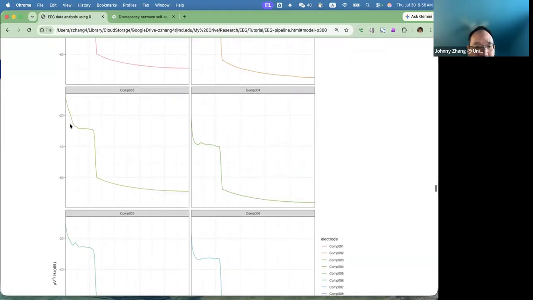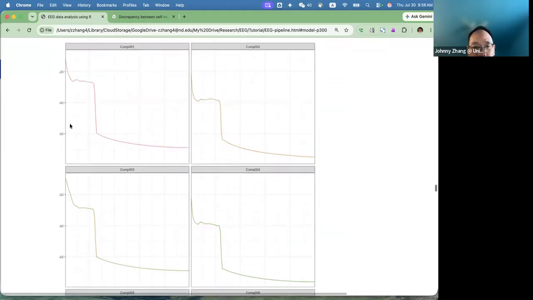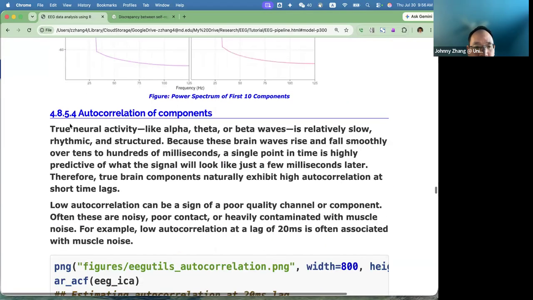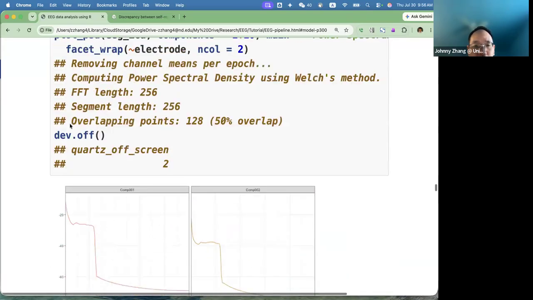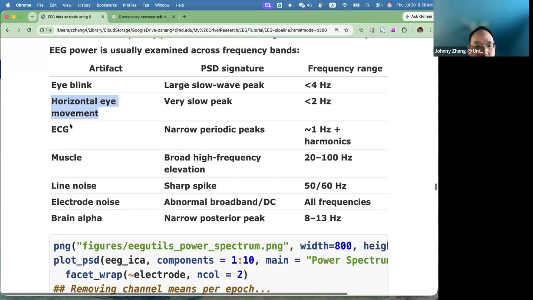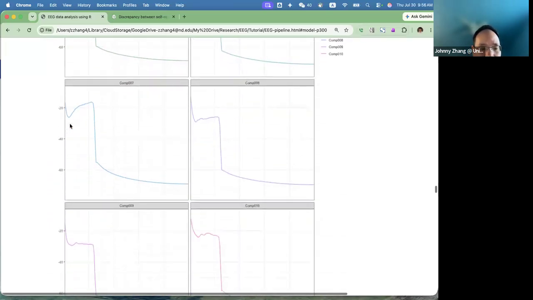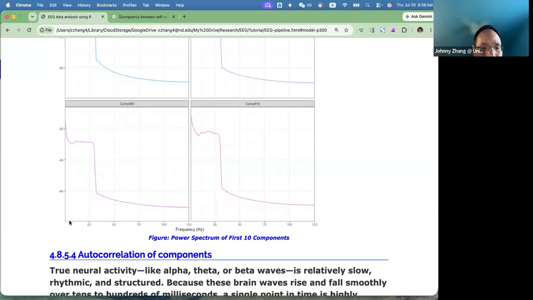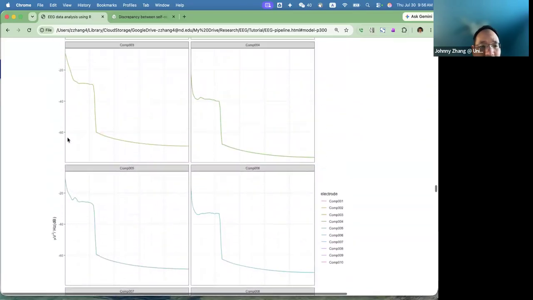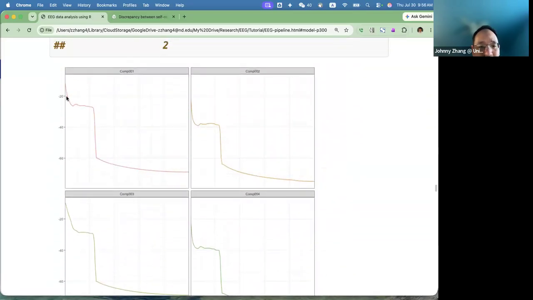For example, these components, it's very tiny and hard to see, but this is around 4 hertz, below 4 hertz, and it has a very large power. So this means maybe some certain artifact.